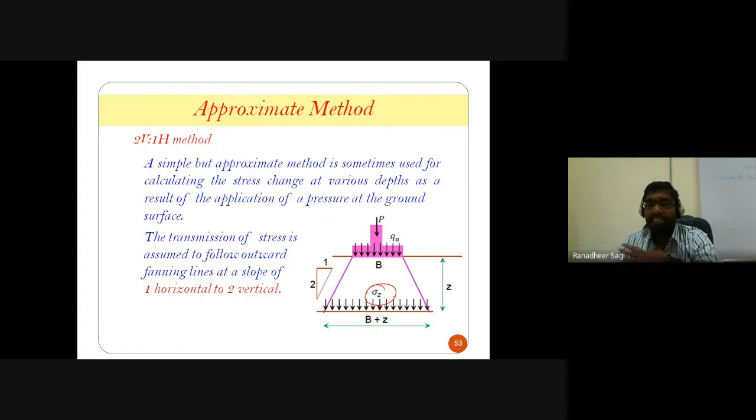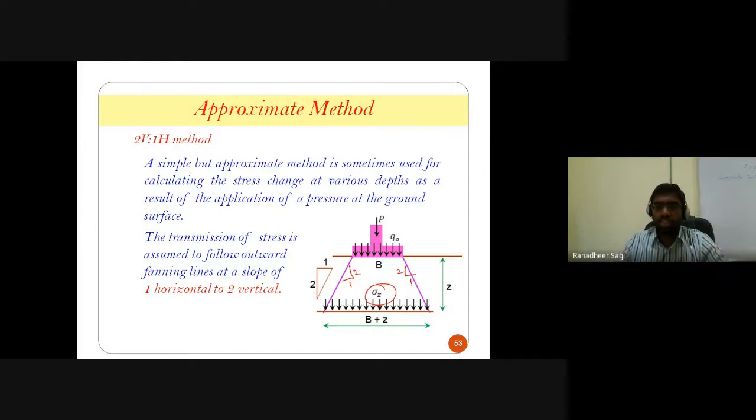So how much is the area of that region of the soil which is responsible for carrying the load coming from your column onto the foundation and subsequently from the foundation onto the soil? What is the area available at a depth of Z meters for a sloping distribution of 2 vertical to 1 horizontal?